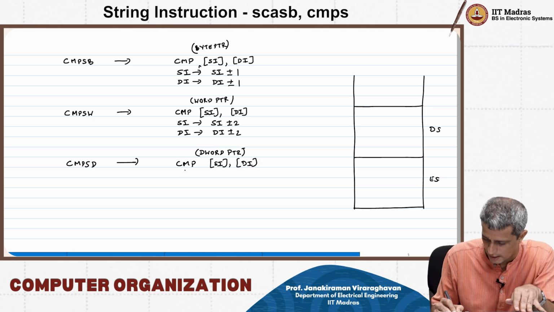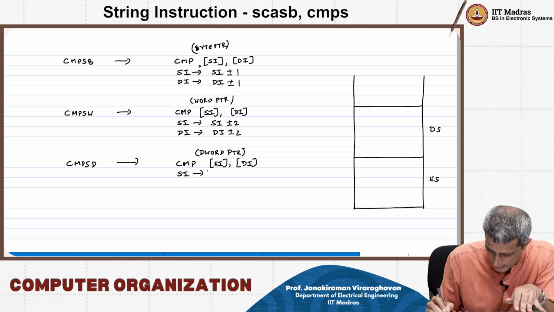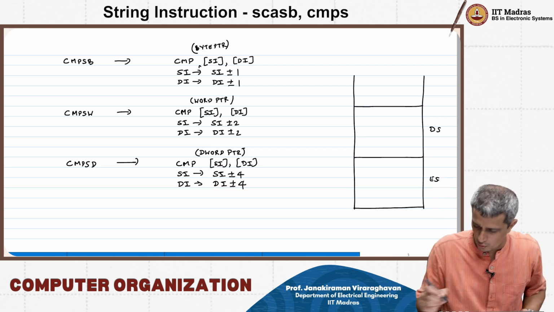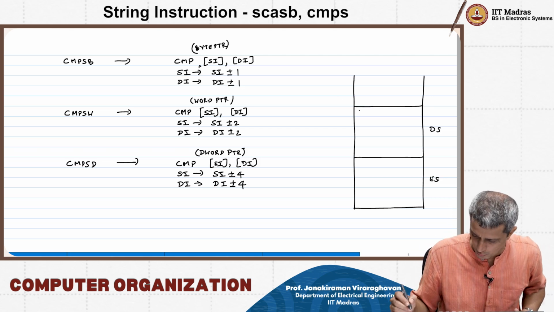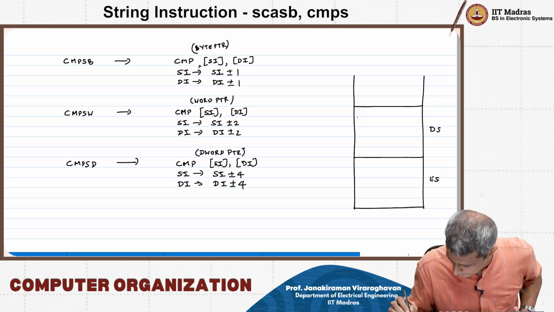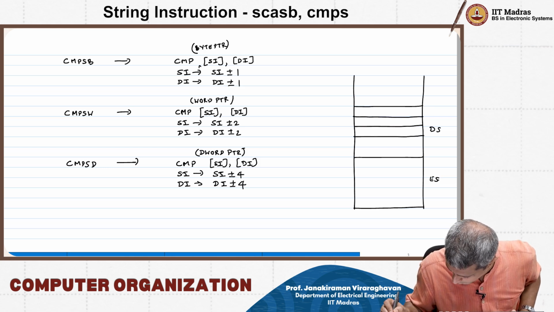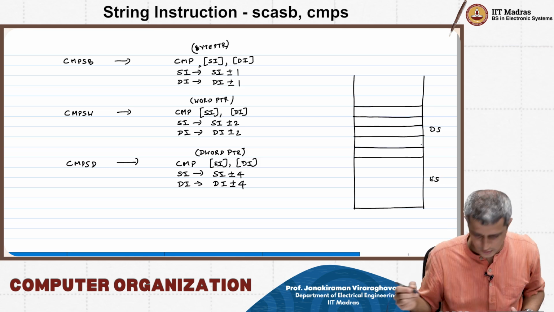For both SI and DI, SI is SI plus or minus 4, DI minus 4. Okay. So as usual, what you can do now is, let's assume that I have like 4 memory locations.